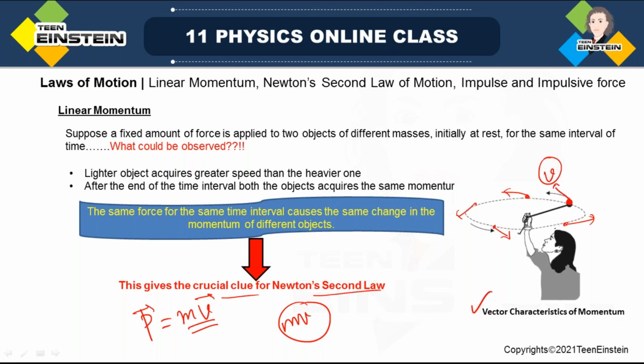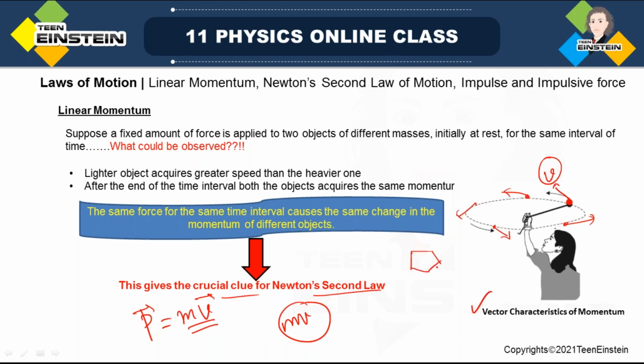We had seen in the case of lorries or trucks, I had given you the example, that a loaded truck has greater linear momentum. To change that linear momentum, you had to apply greater force. I can give you another simple example. Suppose you have a bullet.